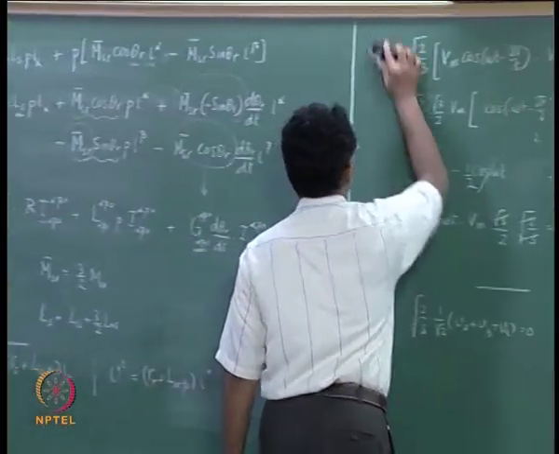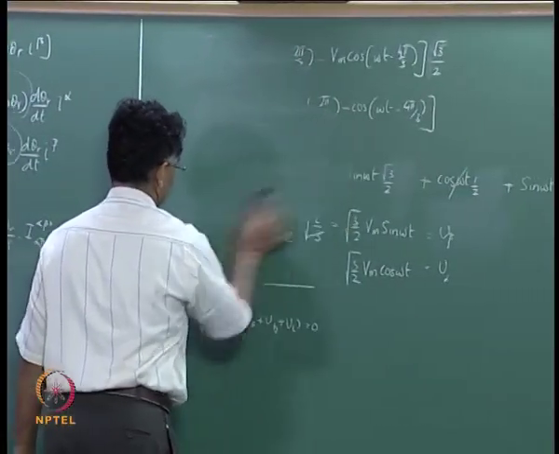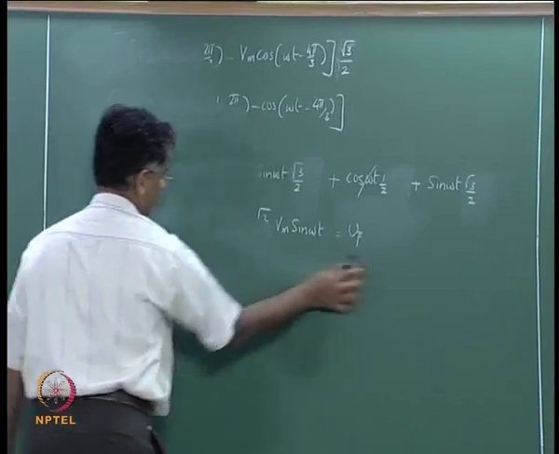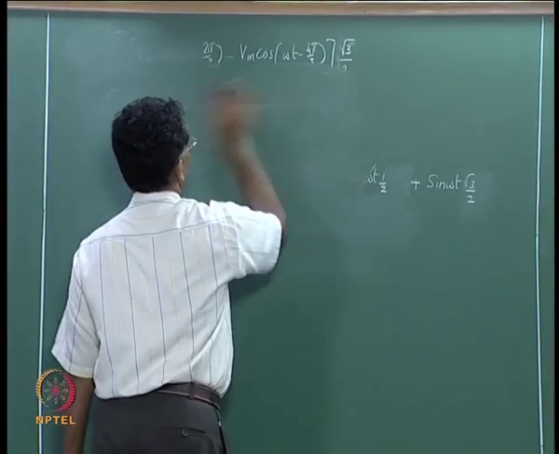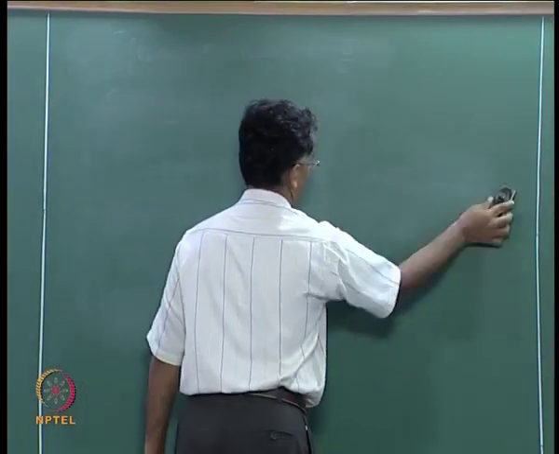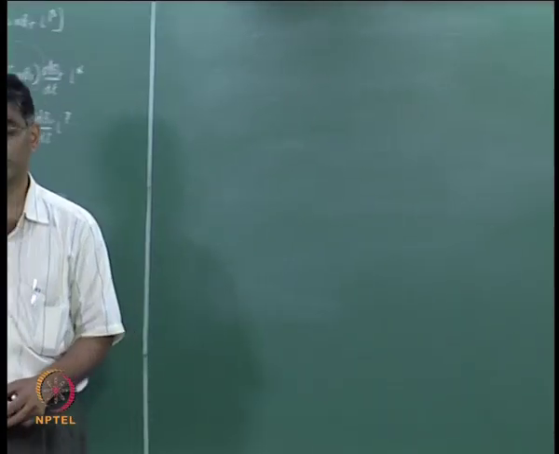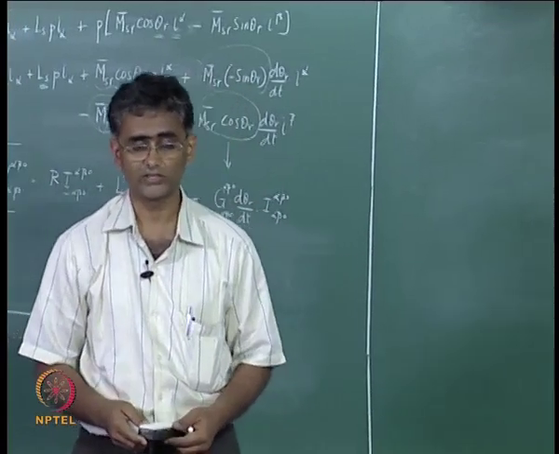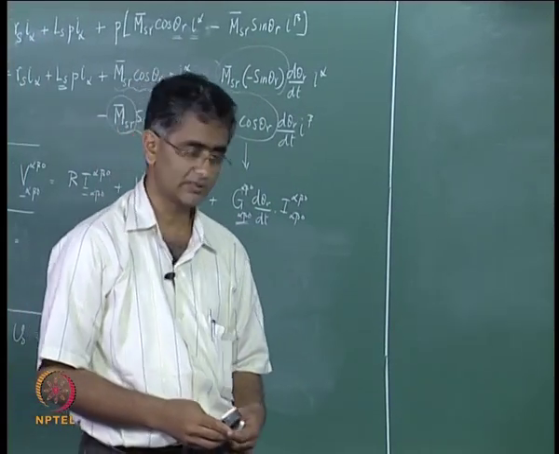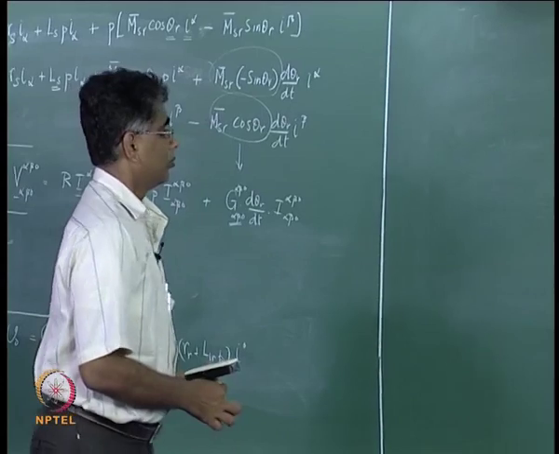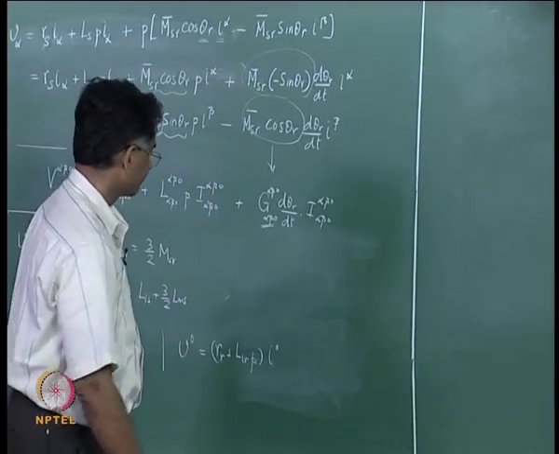So, we have now converted this 3-phase machine to a 2-phase machine, and the 2-phase machine will work in the same way as the 3-phase machine, provided you give excitations that are 90 degrees in phase to the alpha and beta axis. But have we simplified anything?